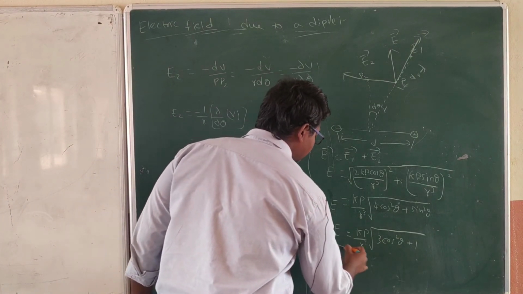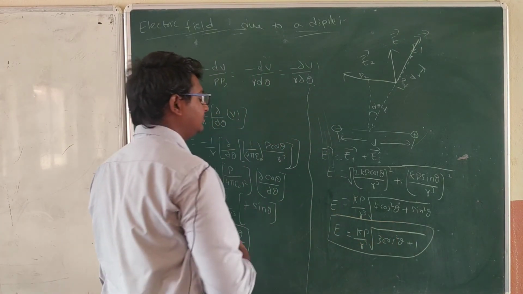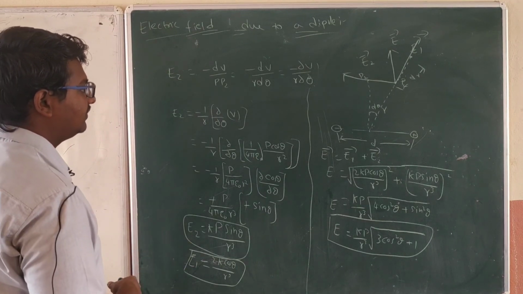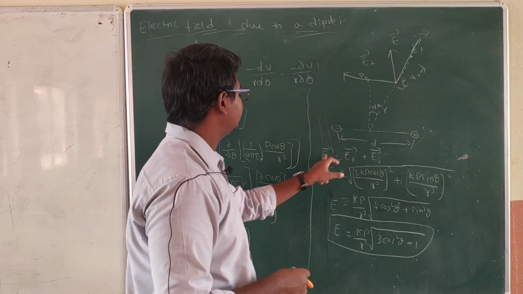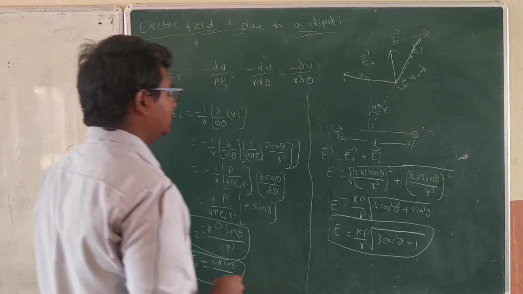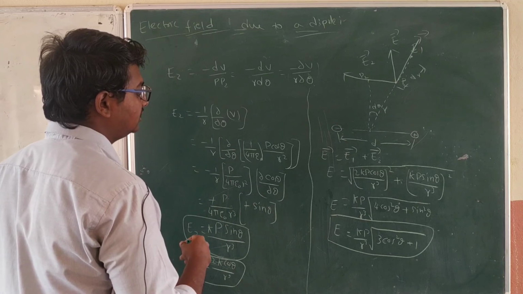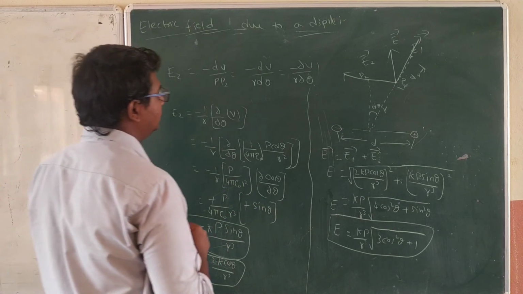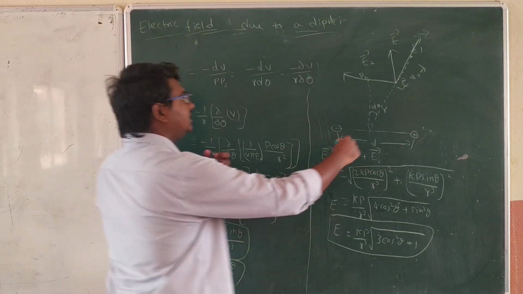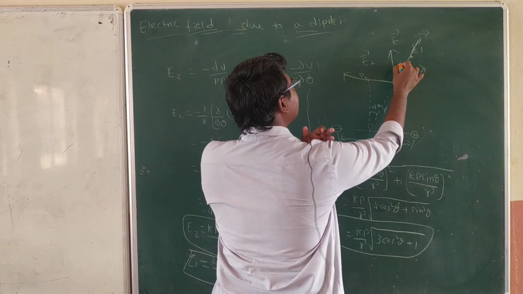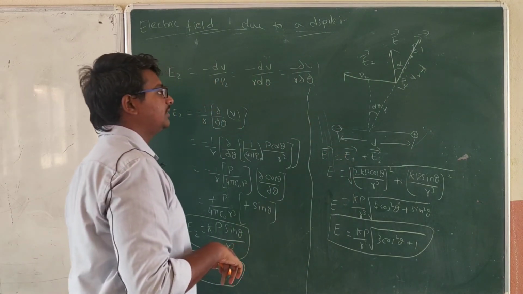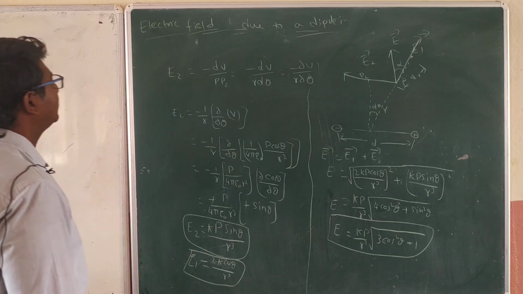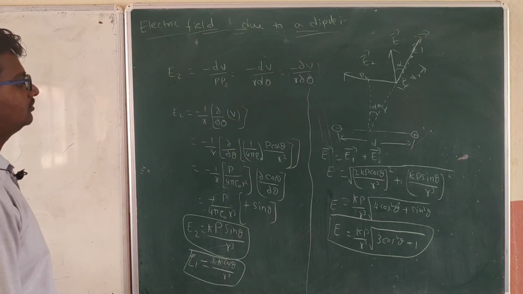This is nothing but the electric field magnitude. You can keep it in this manner also: E is equal to Kp by r cube into under root 3 cos square theta plus 1. And if you want to mention an angle alpha also, we can find tan alpha by using the parallelogram law of vectors. This is all about the electric field due to a dipole.